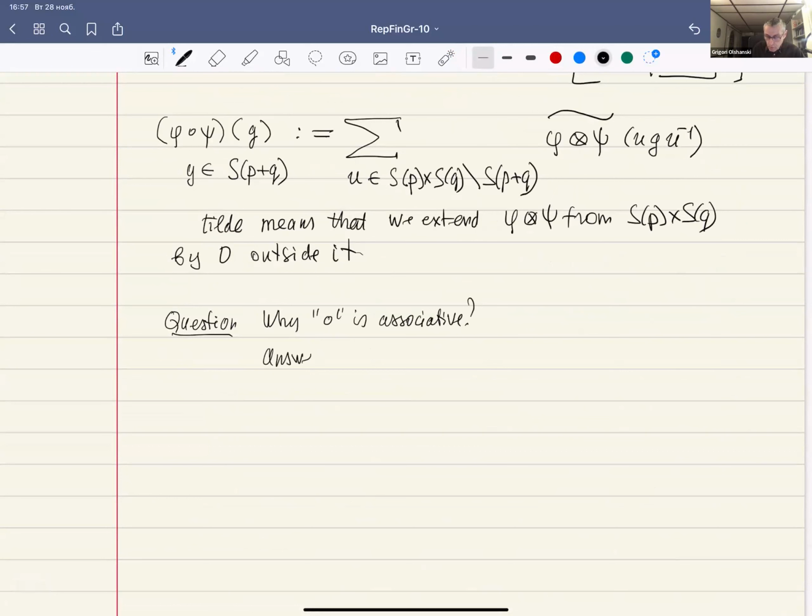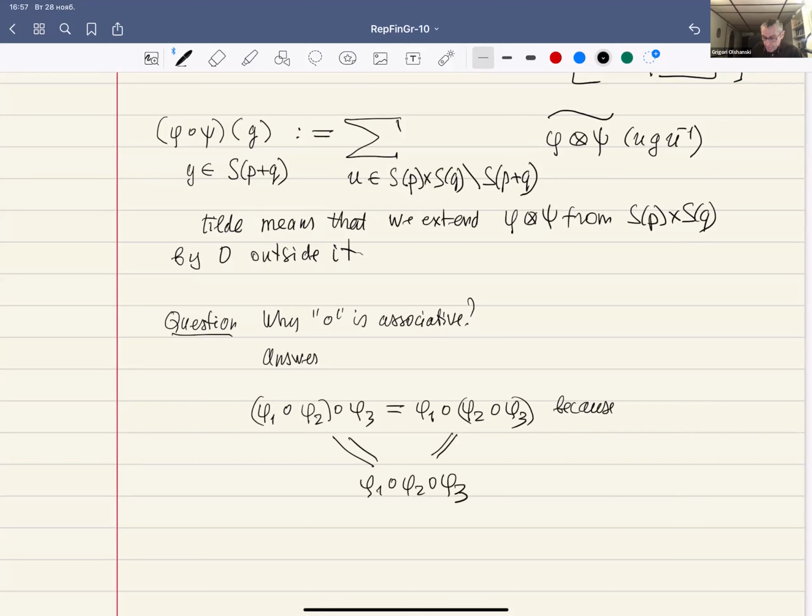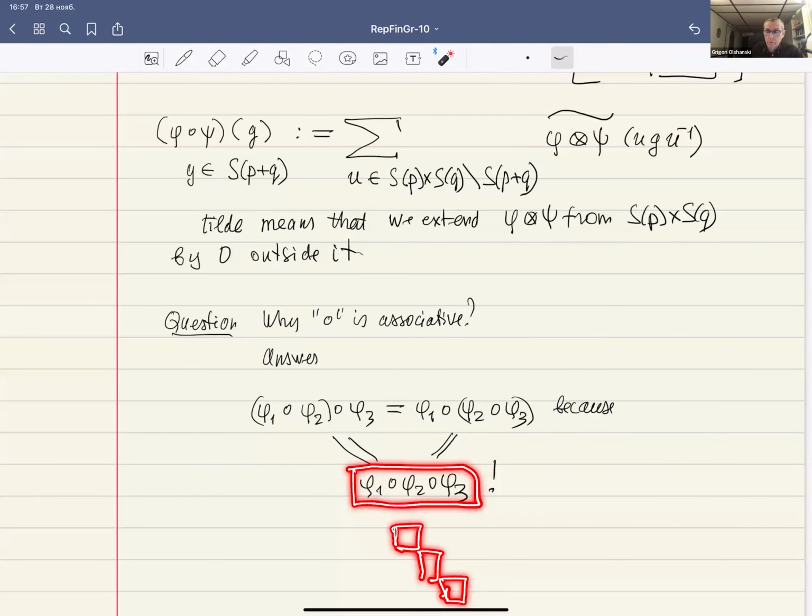So the answer is, if you want to take this, it's equal to this, and this is equal to this, because we can define this as induction from a Young subgroup with three blocks, any number of blocks.